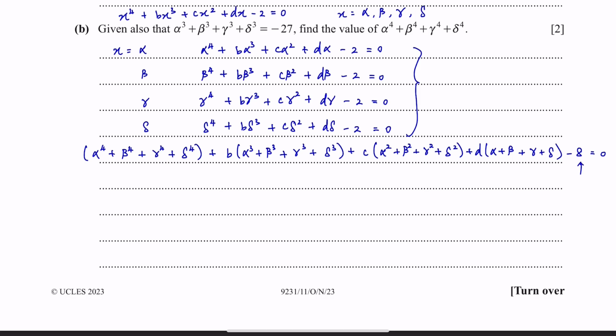But this is also basically minus 2 times alpha to the power of 0 plus beta to the power of 0 plus gamma to the power of 0 plus delta to the power of 0, right? Because this is up to 4.